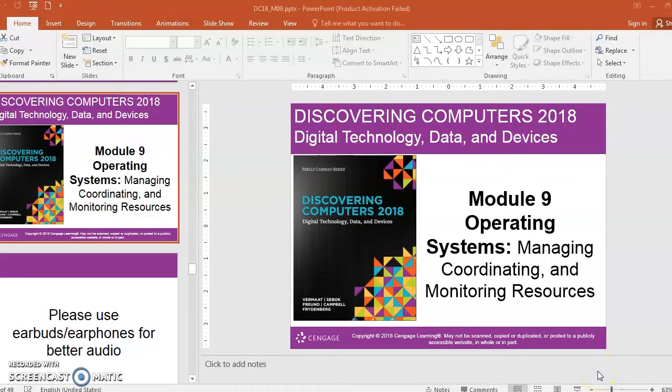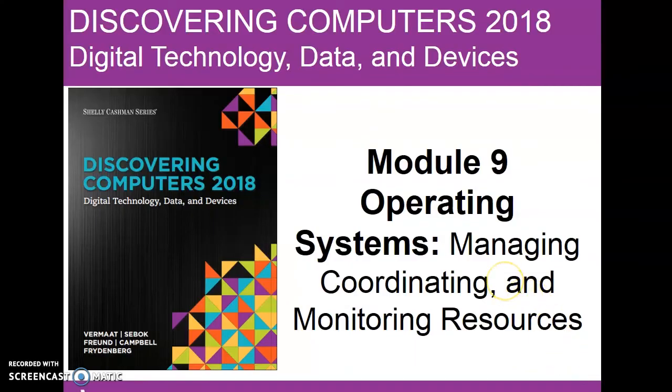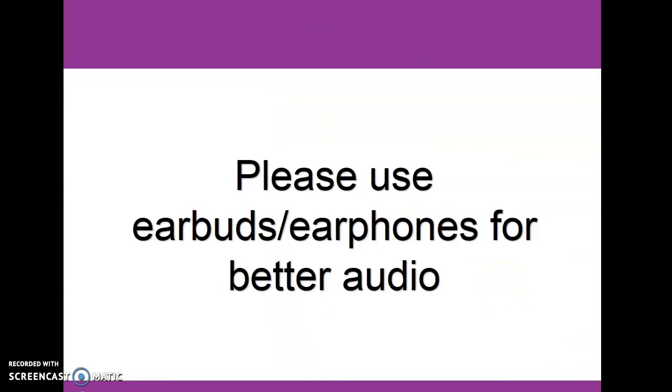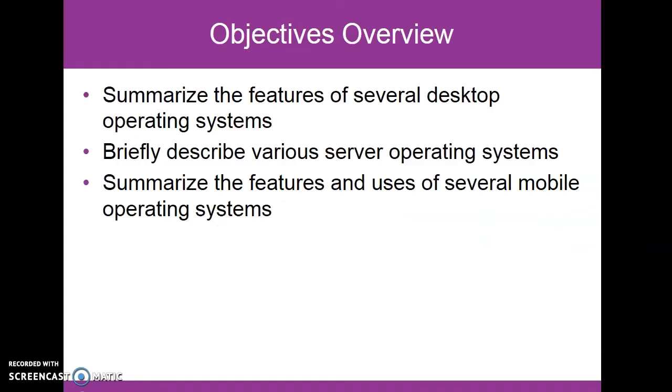Okay, so I will start the final part of Module 9 in this third and final video. So please use your earbuds or earphones for a better view. For our video today, these are the objectives that I will discuss with the students.